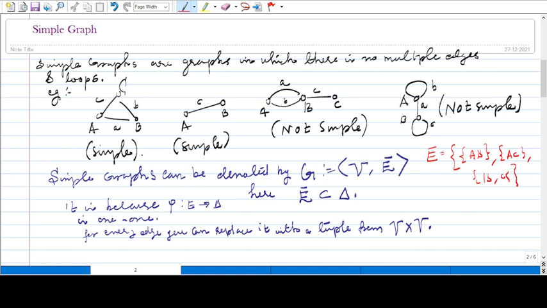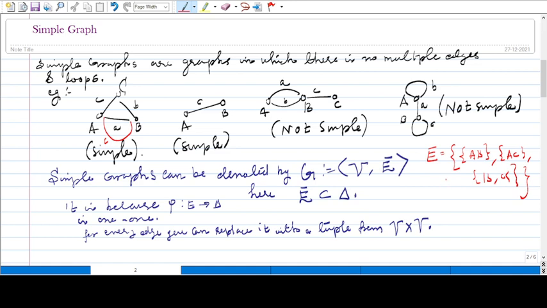But if the graph is not simple, I cannot do this. If I have two edges between A and C, then just denoting AC will not tell whether it is edge one or edge two. So it is impossible; only for simple graphs can I use this notation.